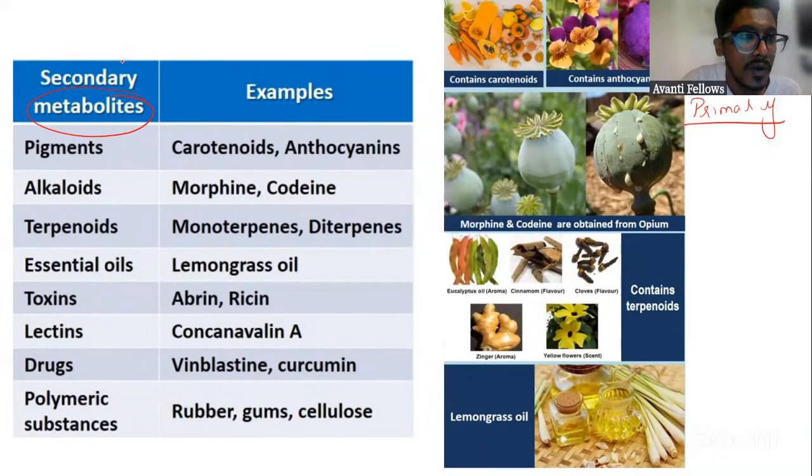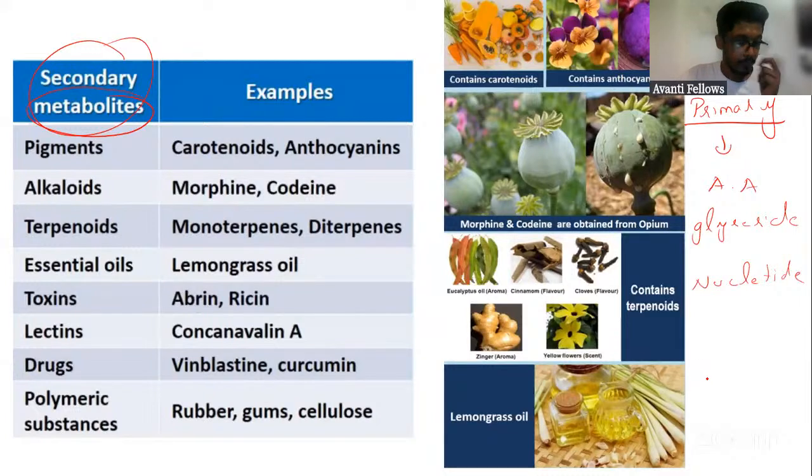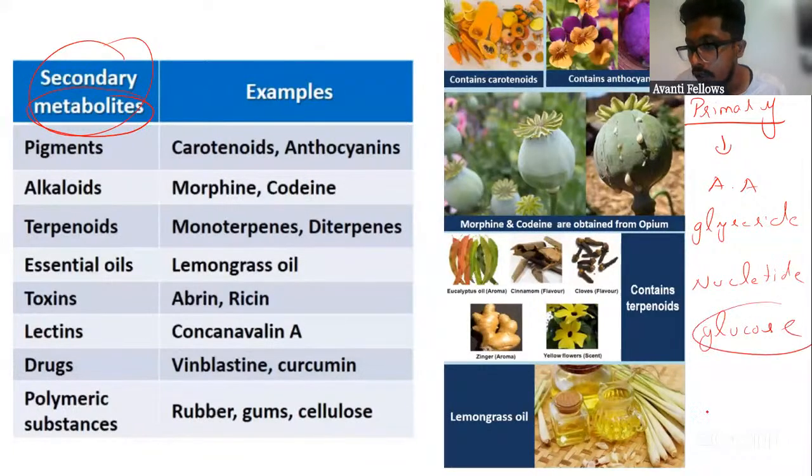The primary metabolites, examples can be amino acids, glycerides, and nucleotides. It can be glucose. It can be minerals, etc.